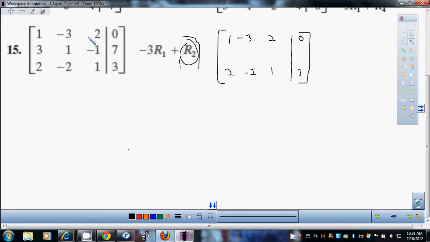Now the way I do that to keep it straight, I don't care how you do it. I like to go back to this one and just write it in there. So -3 times row 1 would be -3, +9, -6, and 0. Multiply -3 all the way across. Now I'm going to add that to the second row. 0, 10, -7, 7.